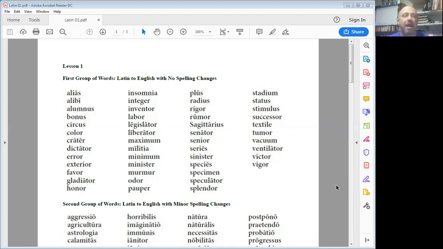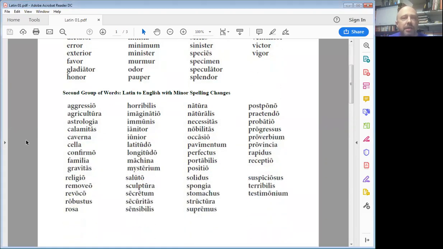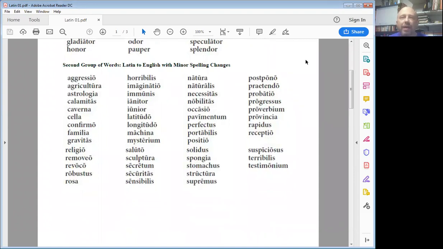So there's that. And as I scroll down, you'll be able to see the second group of words that have come into English from Latin, and the changes in spelling are pretty minimal. If you look at the word and think about how it would be said in English, don't worry about how it would be said in Latin necessarily, at least not yet.